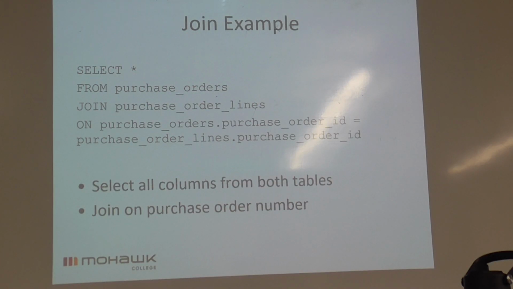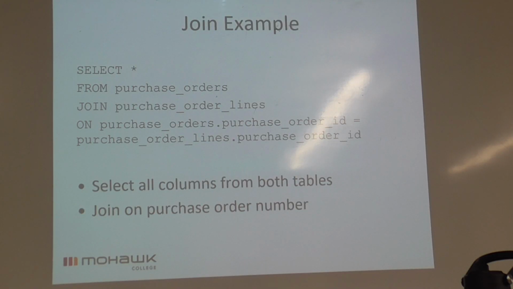So, here's an example. Let's say we have a table, purchase orders, and a table, purchase order lines. We join purchase order lines where purchase orders dot purchase order ID is equal to purchase order lines dot purchase order ID.